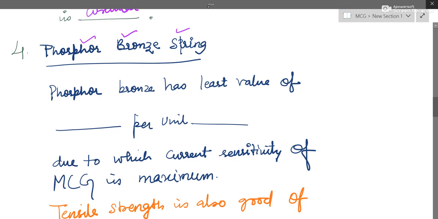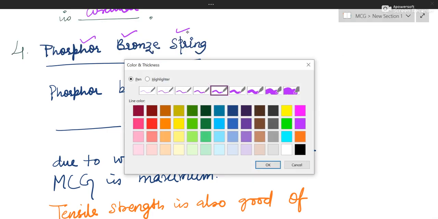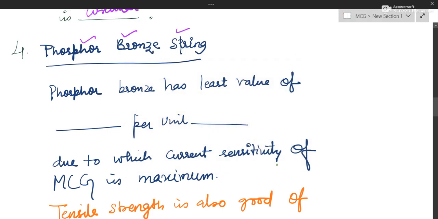What is the content in this phosphor bronze? So you can see phosphor bronze has least value of torsional constant, or you can say torque per unit twist.